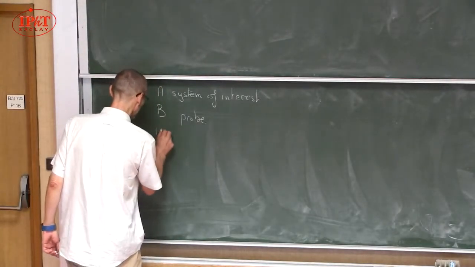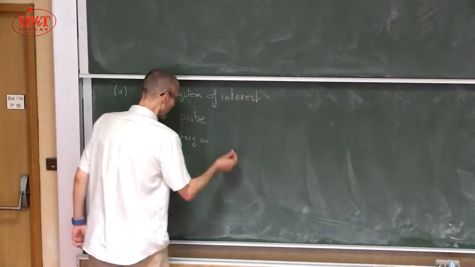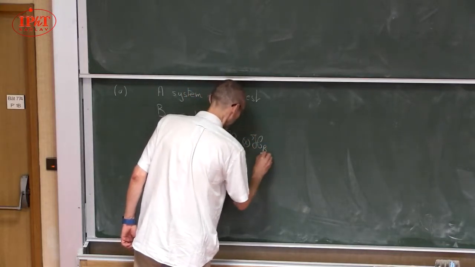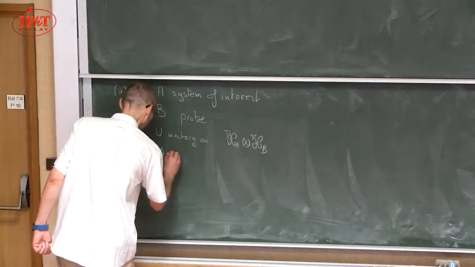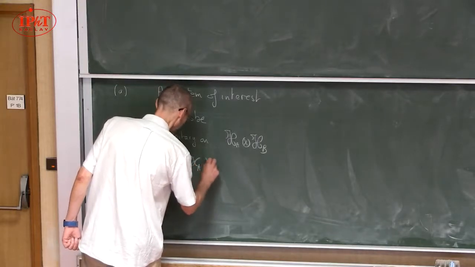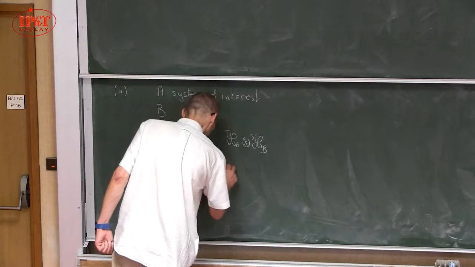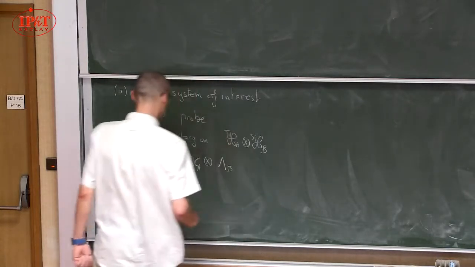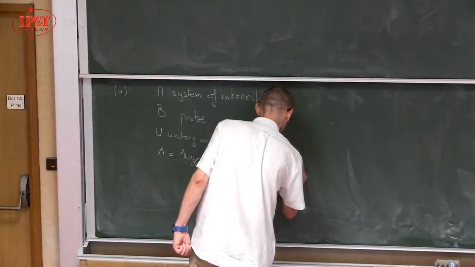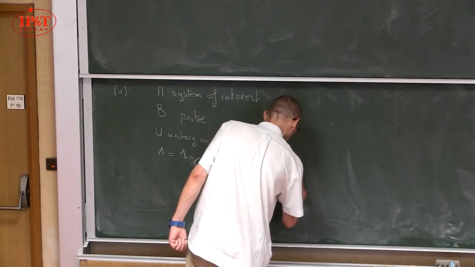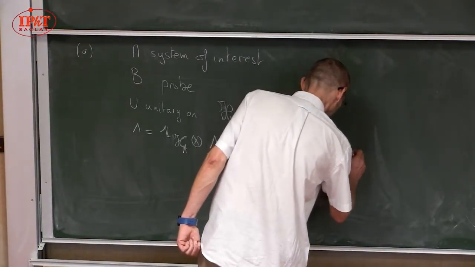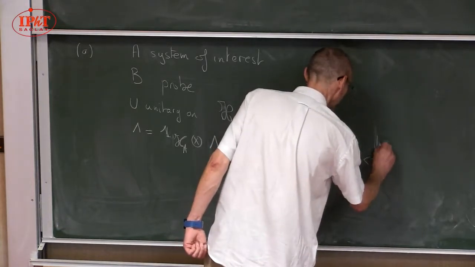We had some unitary evolution on the Hilbert space of A tensor the Hilbert space of B. We had the measurement operator lambda, which was equal to 1 on H_A tensor something I should call lambda_B, and I had a spectral resolution lambda_B equal to the sum over i of lambda_i times the projector on the basis of B.